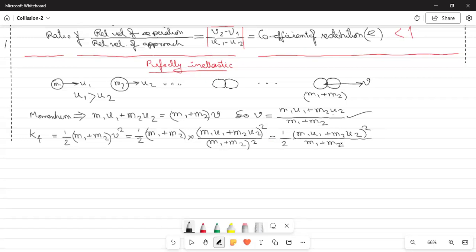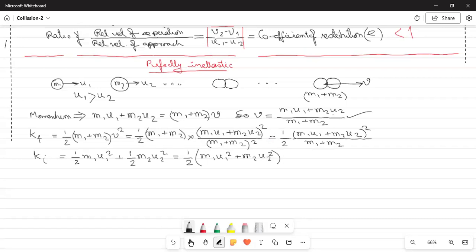And what is the initial kinetic energy? Initial kinetic energy is half M1 U1 square plus half M2 U2 square. We take half outside the bracket, so it is half of M1 U1 square plus M2 U2 square, right?